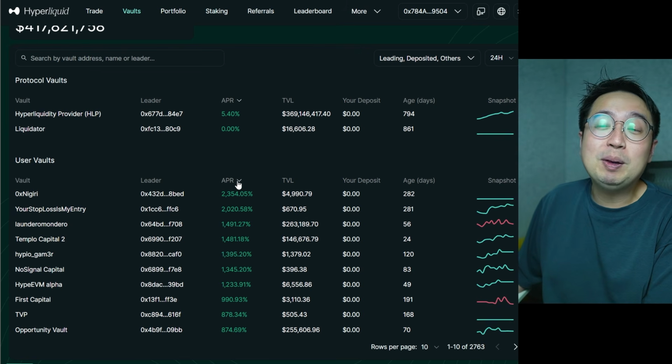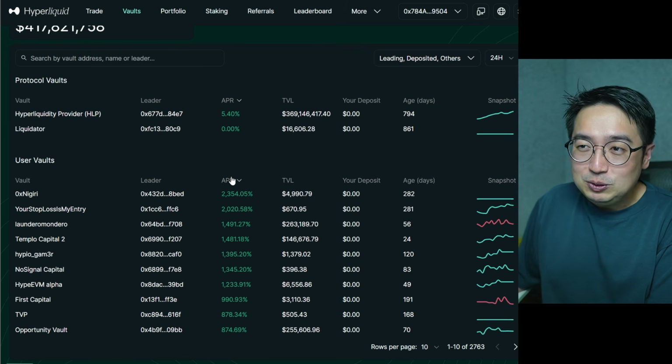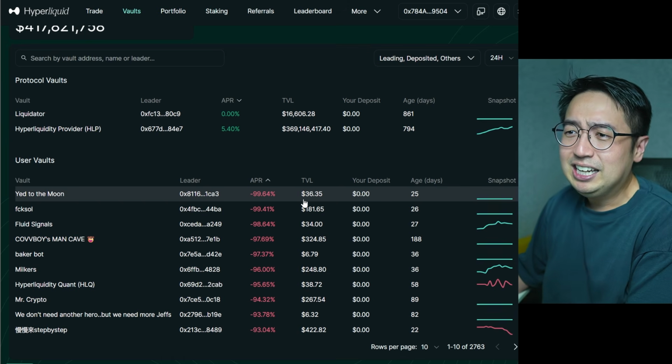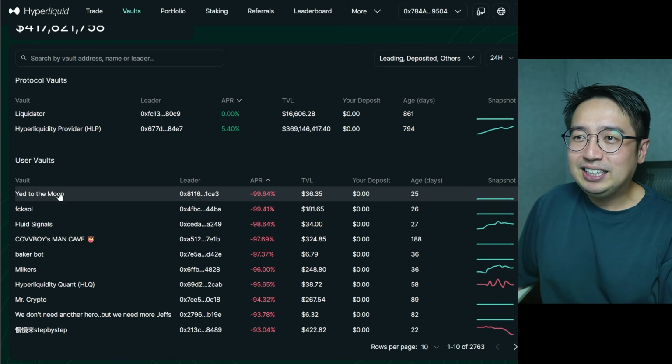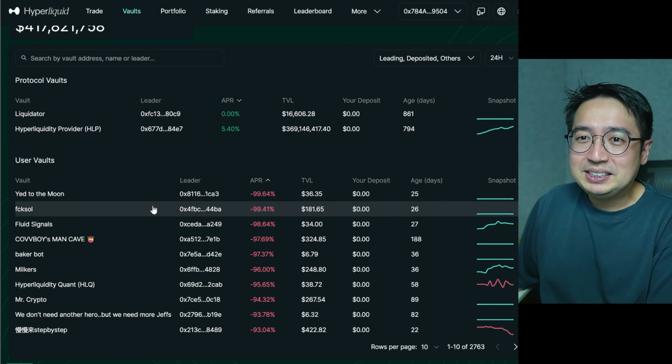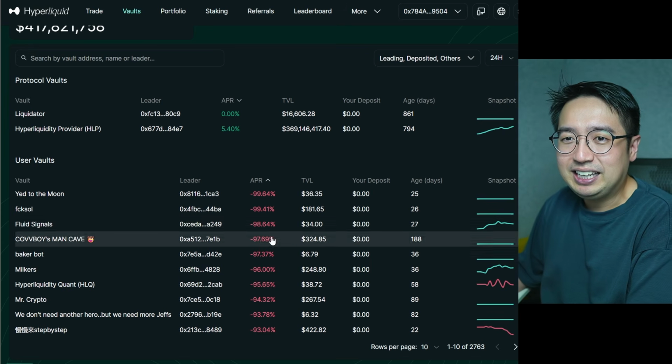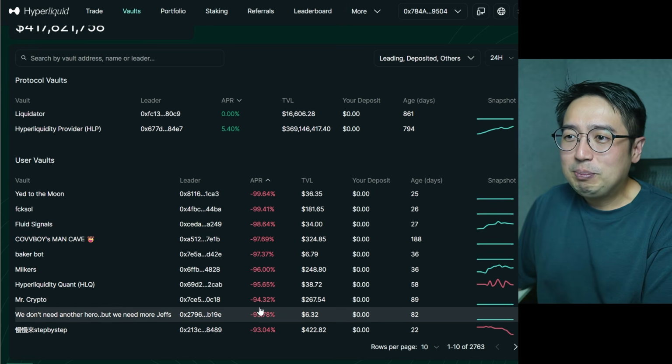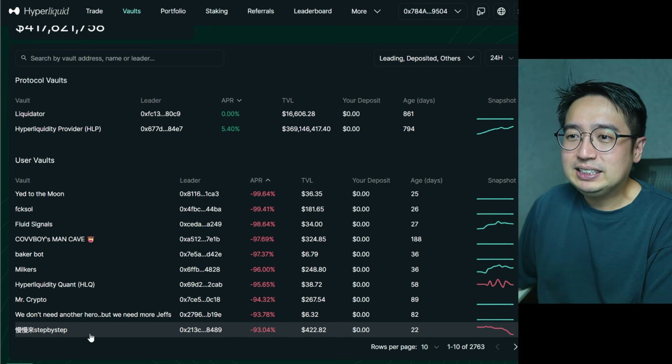Now, you don't only make money, you could easily lose money because if we look at the losses here, Yed to the Moon, down 99.6%, Fluid Signals 98%, Mr. Crypto down 94%, Step by Step down 93% in just the last few weeks.